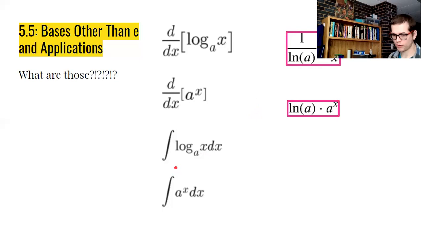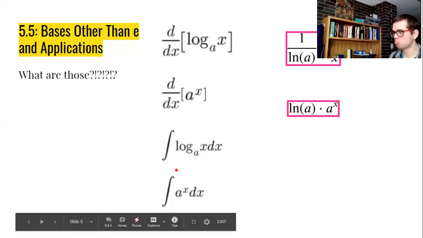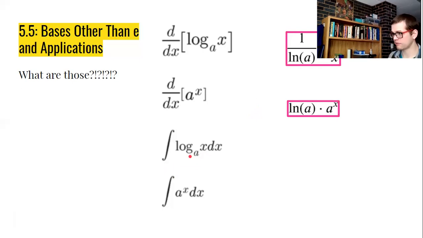So those are the derivatives. What about the antiderivative of log base a of x? We're not going to deal with it. It's something where we have to use what's called integration by parts in order to figure that out, so that's beyond the scope of this class. You don't have to worry about the antiderivative of log or natural log for that matter.